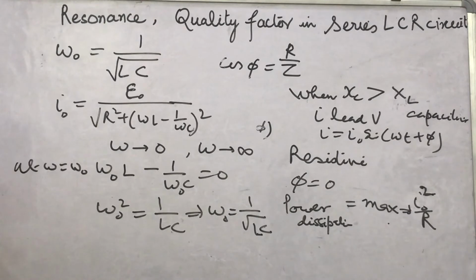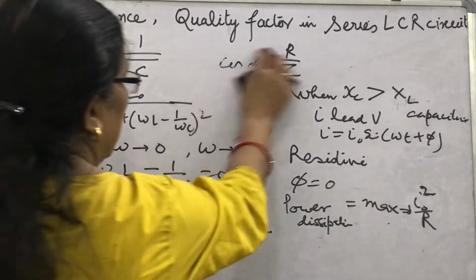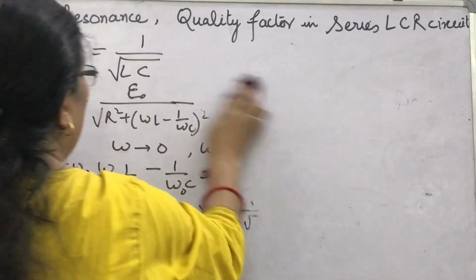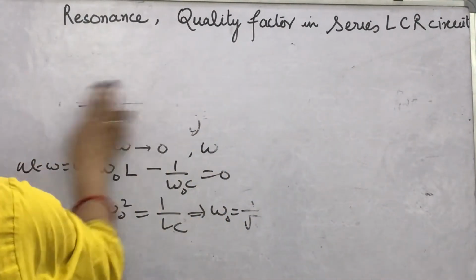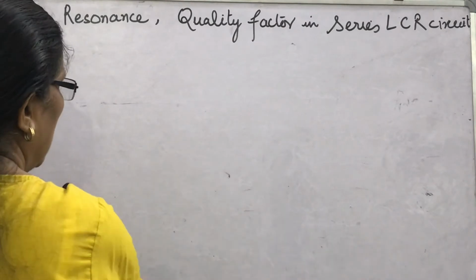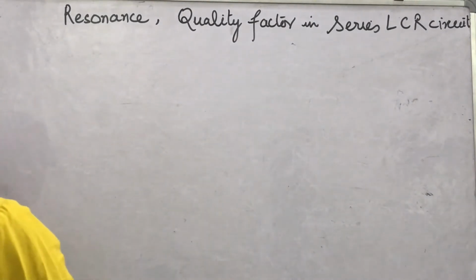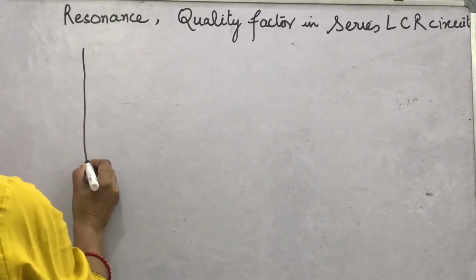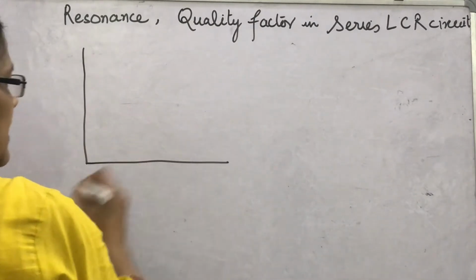Now let's see what is quality factor, sharpness at resonance. We will draw the curve between frequency and maximum current. This is the y axis and this is the x axis.